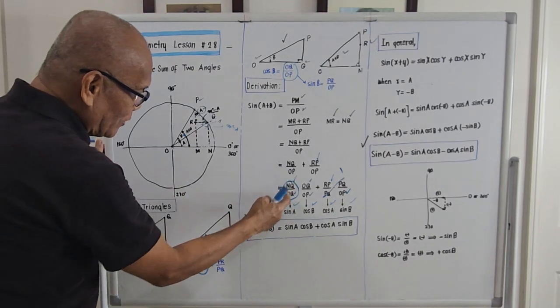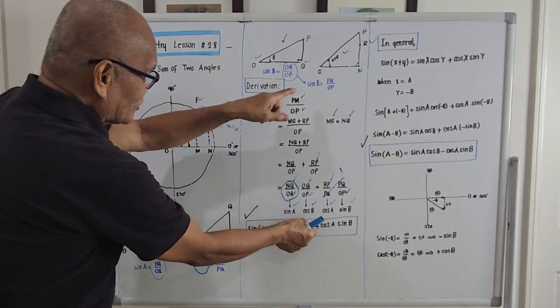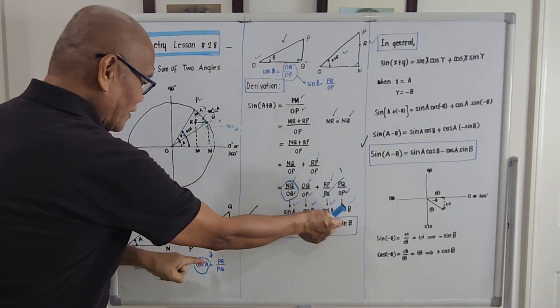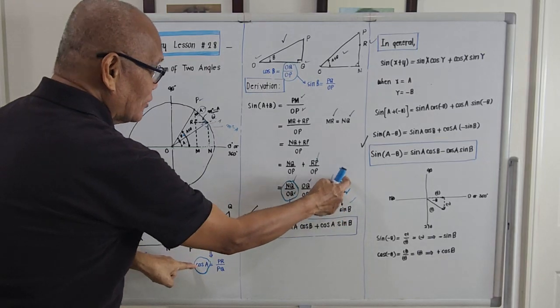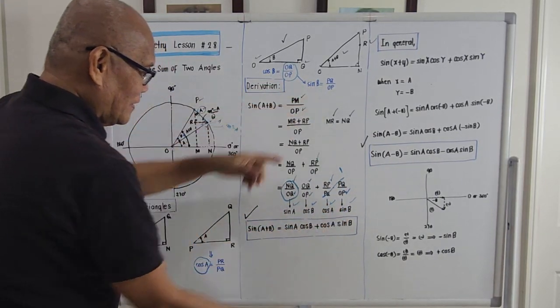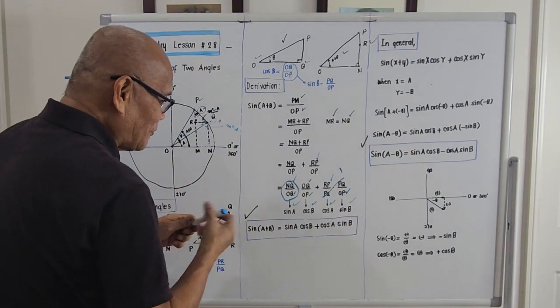That is, NQ over OQ will be sine of angle A, OQ over OP will be cosine of angle B, RP over PQ will be cosine of angle A, and the ratio PQ over OP is actually sine of angle B. Right? So if we now combine this, the operation here is multiplication, guys.